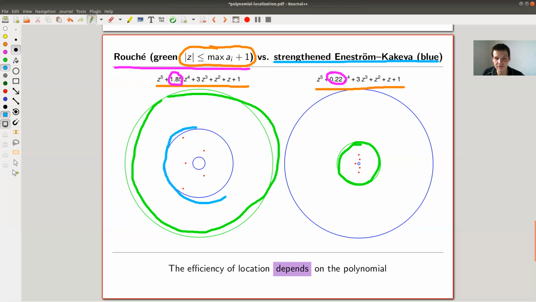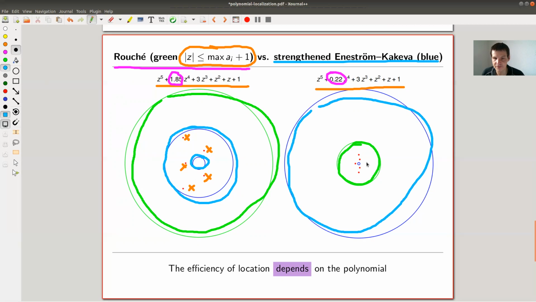An annulus just means you have an outside circle and an inside circle, and your roots, as you can see, they all lie in this annulus, and for this polynomial, the annulus is a much better approximation than the green circle right outside. For this picture, the annulus is just tremendous. It's outside here, and it has a very, very almost not visible circle in the middle. So the green one is much better.